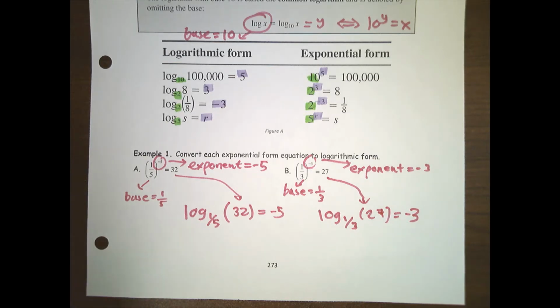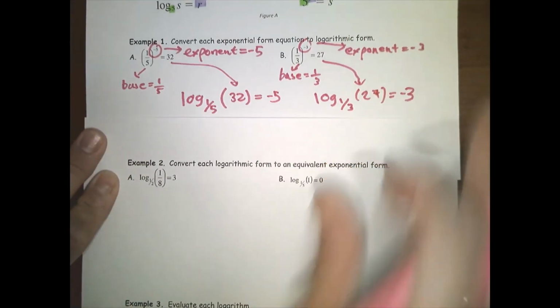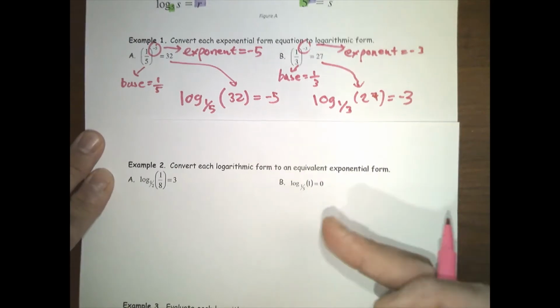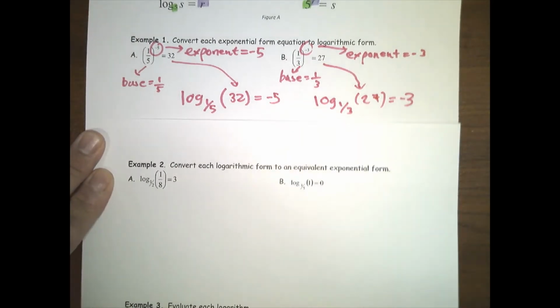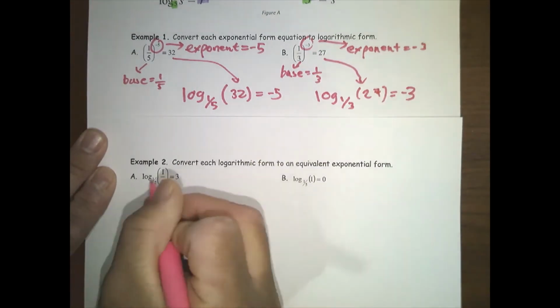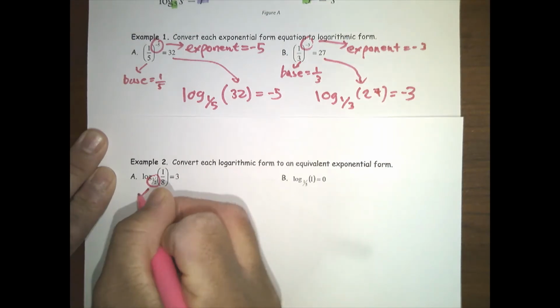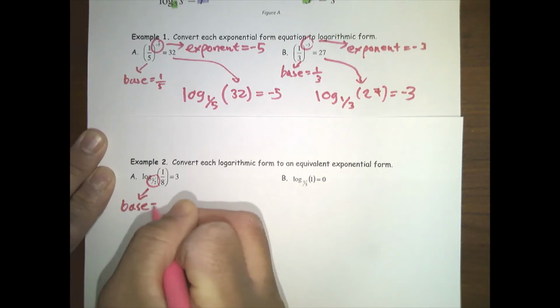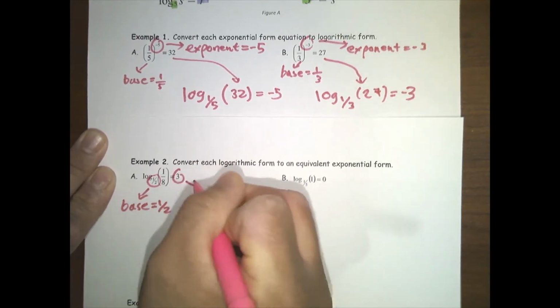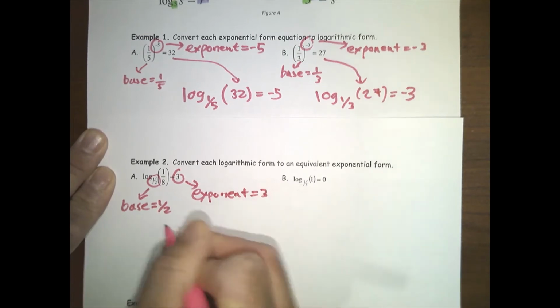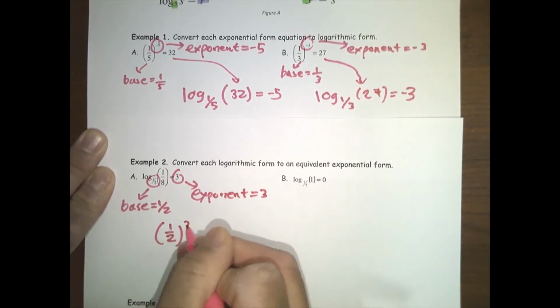Now this next example, example 2, is going to be converting the logarithmic form to an equivalent exponential form. Here we have log base 1/2 of 1/8 is equal to 3. So the base is 1/2 and the exponent is 3, so we have 1/2 to the 3rd power.